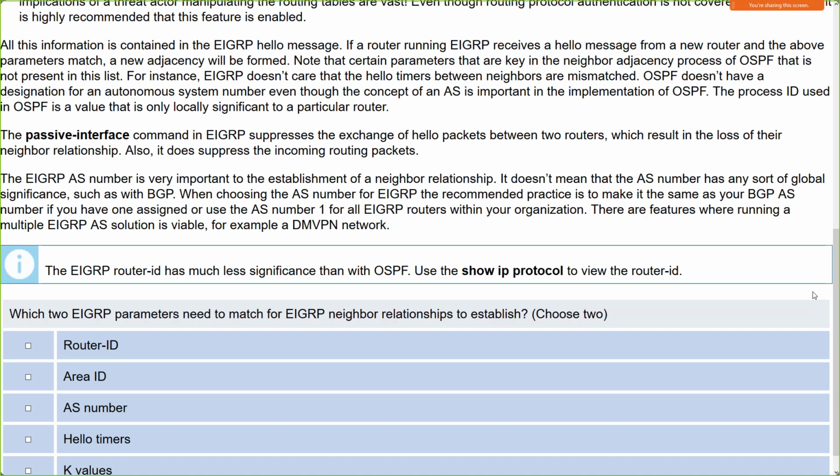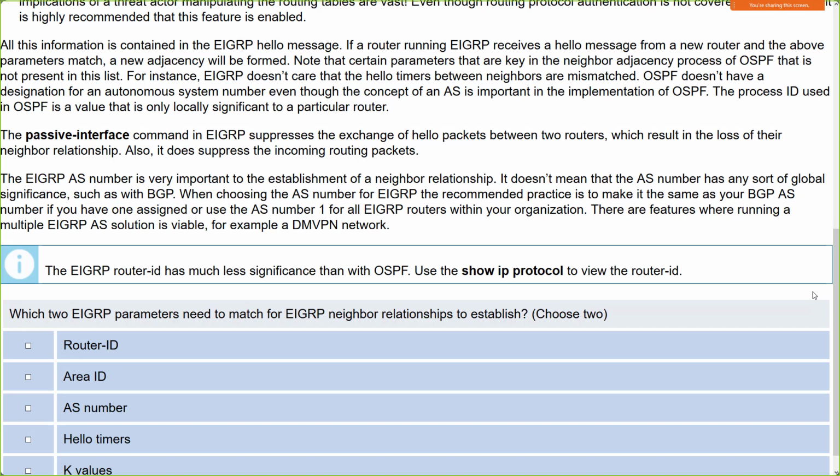If it doesn't, it doesn't. And I don't care if I'm a formal neighbor with you or not, but in OSPF and EIGRP and BGP, we only exchange information with routers that we have a formal relationship with. And that means that we have an adjacency with. Well, if an interface is passive, I can't form an adjacency, which means I can't exchange information.